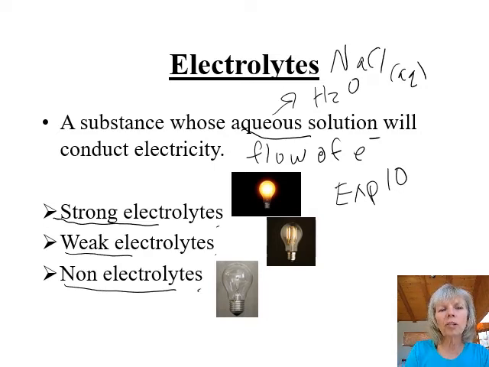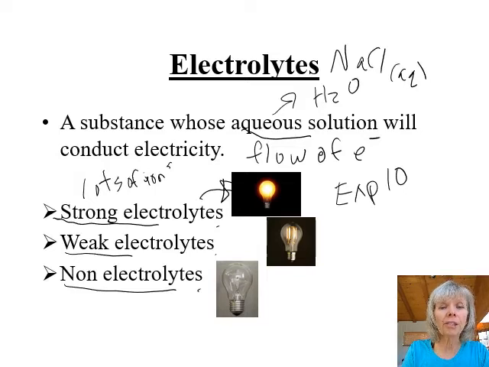A strong electrolyte is a solution where, when you dissolve it, you have lots of ions present. It's these ions that came from transfer of electrons. So we have this flow of electrons going on, and we would get a very bright light bulb if you were to test its solution.